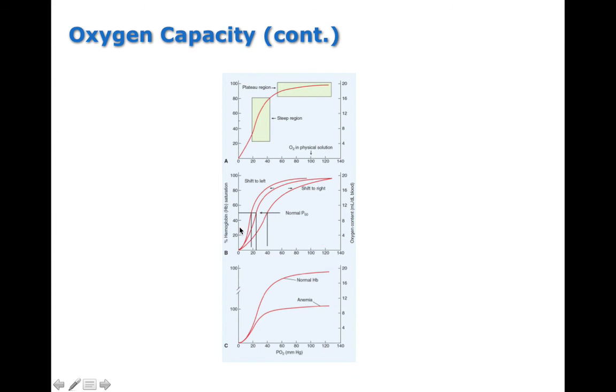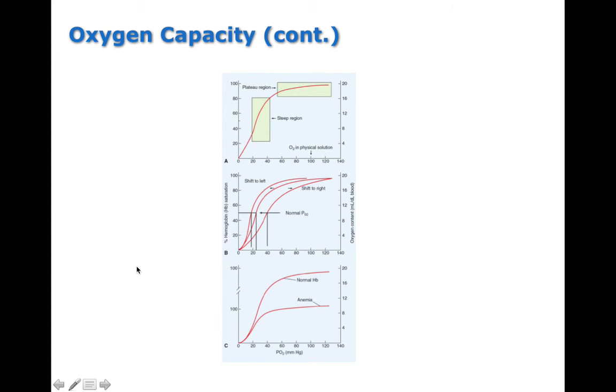Well, if we go back to our curves here, let's check out 40 millimeters of mercury. We see that under normal circumstances, at 40 millimeters of mercury, your hemoglobin's only going to be about 70% saturated, which means that the remaining 30% is going to be released from the blood.